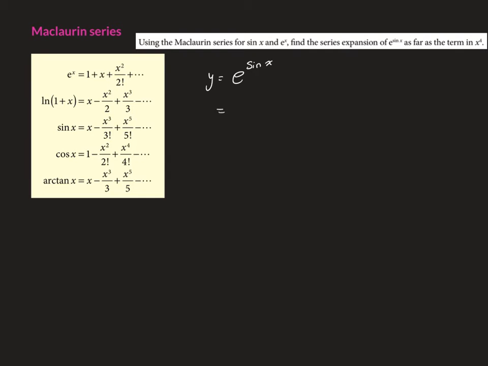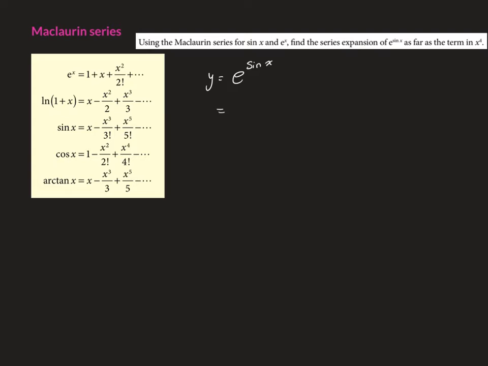And we know that sine of x can be expanded like this. So we're going to substitute that expansion in the exponent of e power x. But because we only want the final expansion to be up to x to the power of 4, I'm only going to substitute the first two terms of the sine of x. I'm going to take an approximation of this series.